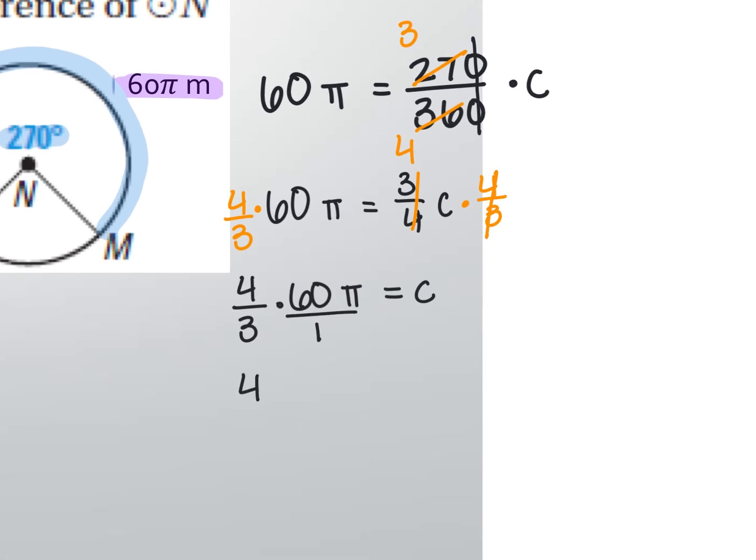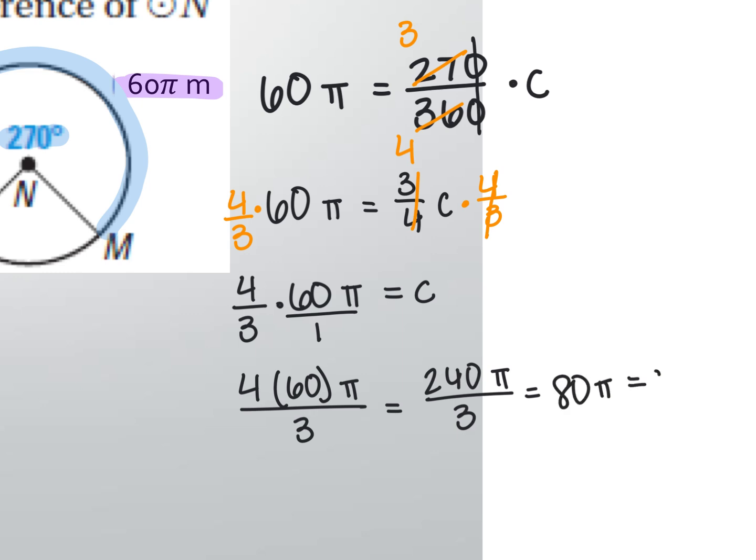So I'm going to have 4 times 60 pi over 3. 4 times 60 is 240 pi over 3. Then 240 divided by 3 gives me 80 pi equals c. Again, if you solved it a different way, that's perfectly fine.